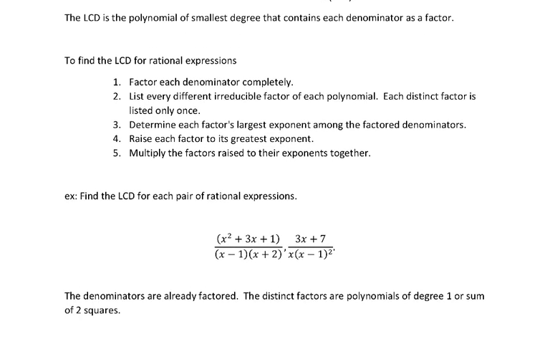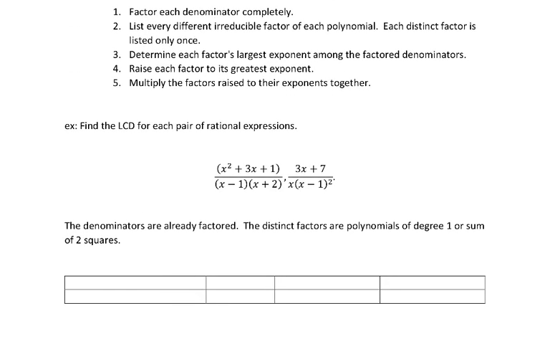So for instance, let's first look at this one. This one's a little bit easier because the denominators, as you can see, are already factored. So what are the irreducible factors? Let's list them. I made a little table. Irreducible factors: as you can see, we have x minus 1, and we're listing each factor only once.